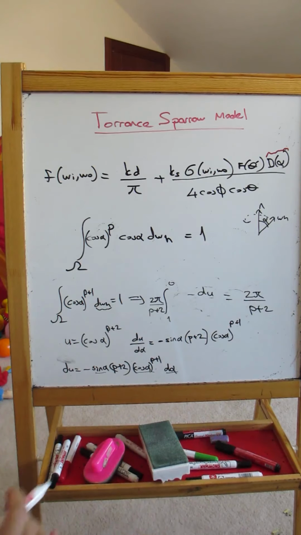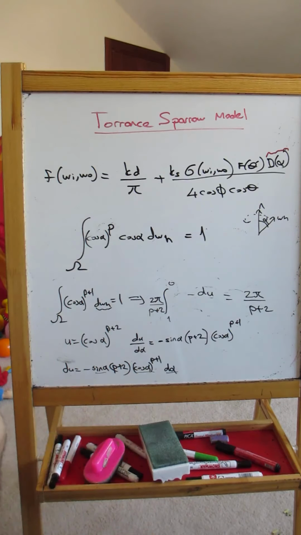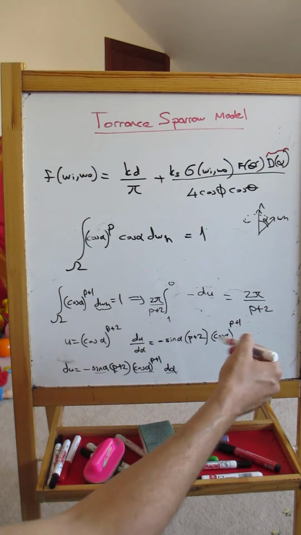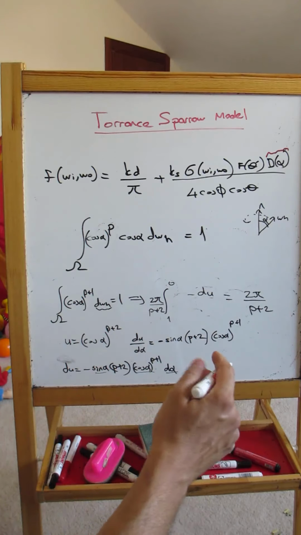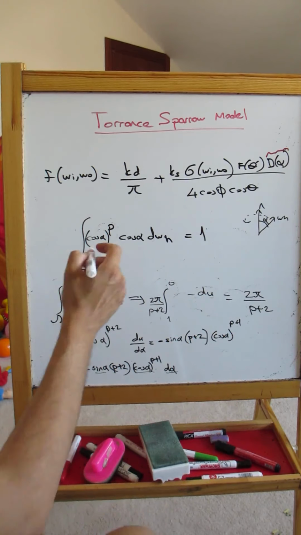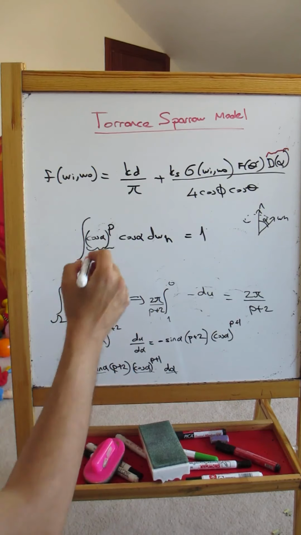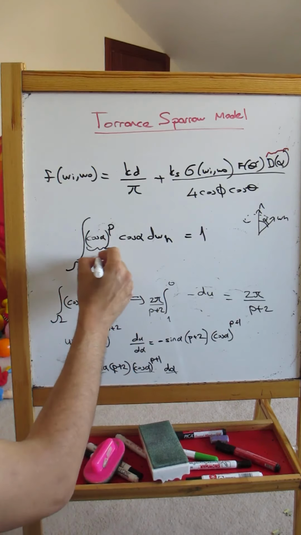Okay, so this is the result of the integration, but this was supposed to be equal to 1, right? But it didn't end up being 1. It ended up being 2 pi divided by p plus 2. So actually we should be normalizing this distribution function with a constant. Let's call it c.